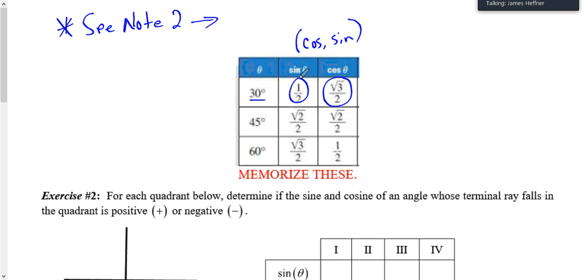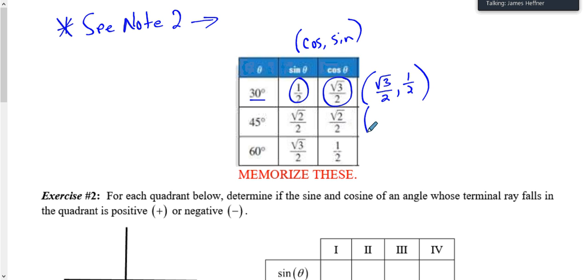And for 45 degrees, they're both the same, because it's isosceles. So they're both the square root of 2 over 2. And then 60 is just like the inverse of the 30. That makes sense. So you might want to have some familiarity with these. So this coordinate here for the 30-degree angle, where it hits the unit circle, is the square root of 3 over 2, comma, 1/2, like we put in the diagram.